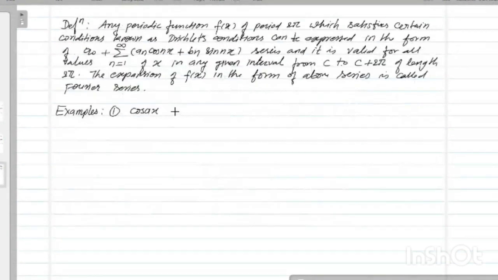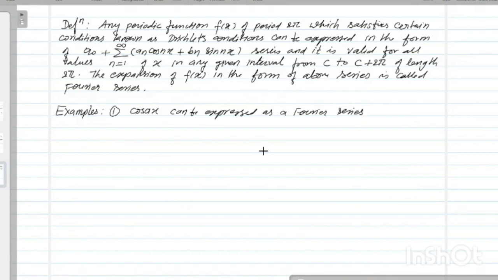So it can be expressed as a Fourier series, since it satisfies all the conditions of Fourier series.